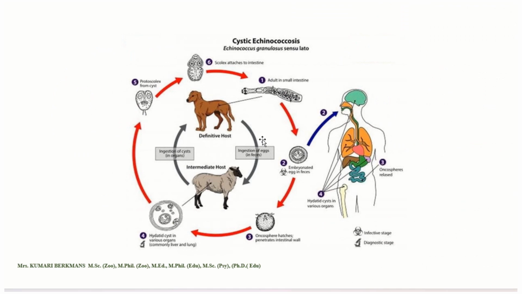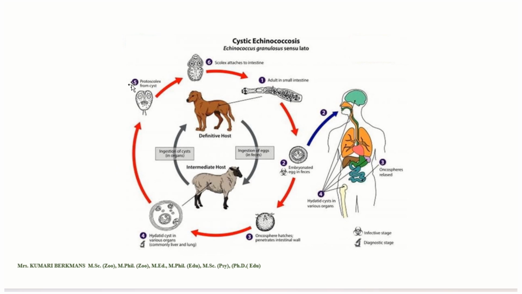You can see this Echinococcus. Echinococcus is a parasite, and if a dog bites, the Echinococcus from the dog is transferred to the goat. And if this goat is eaten by man, it goes from the goat to the human being.